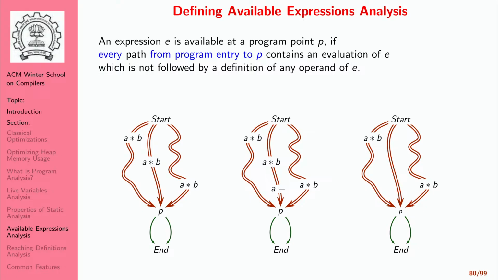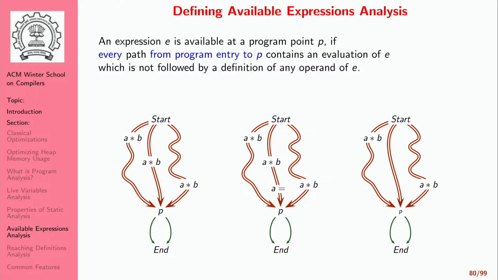Second is, here we talk about path from program entry to P. For live variables analysis, we talked about path from P to exit. So live variable analysis talked about the future of execution. Available expressions analysis talks about the past of execution. Available expressions analysis says from start to this point, what are the expressions that have been computed. So that's difference number one.